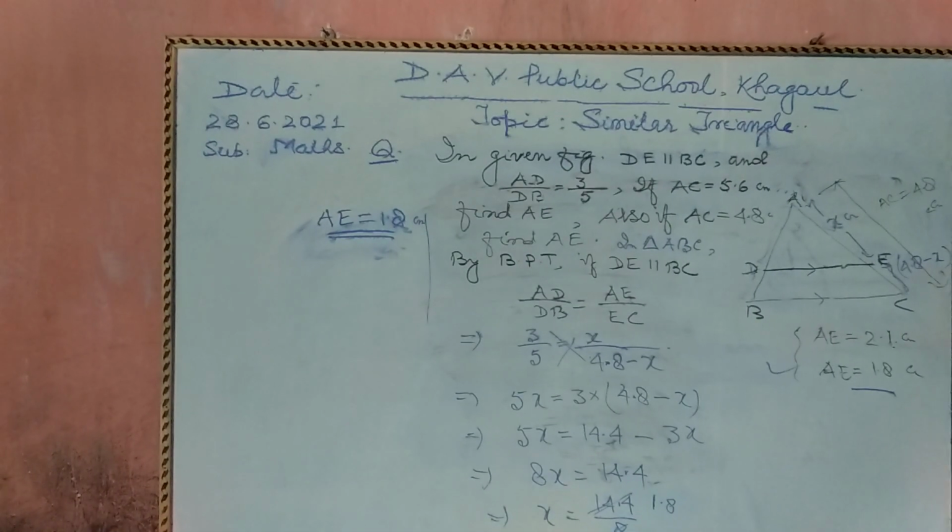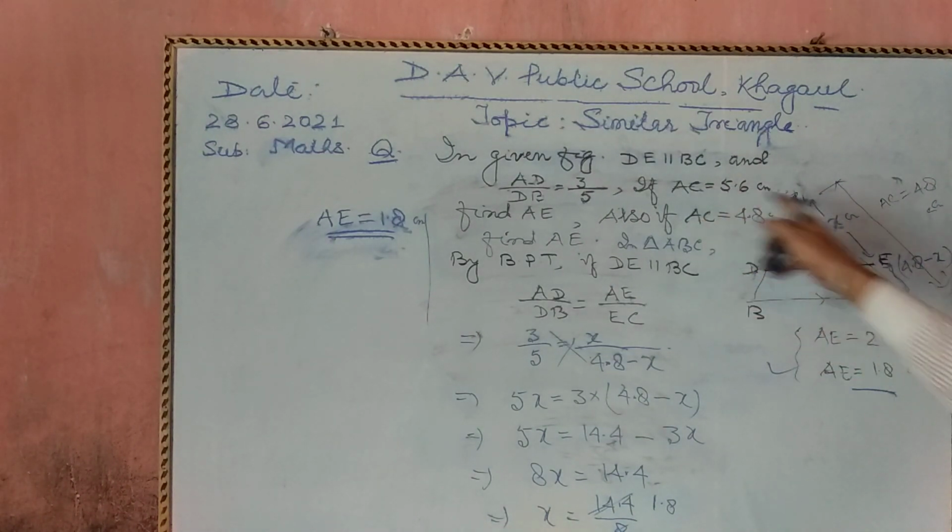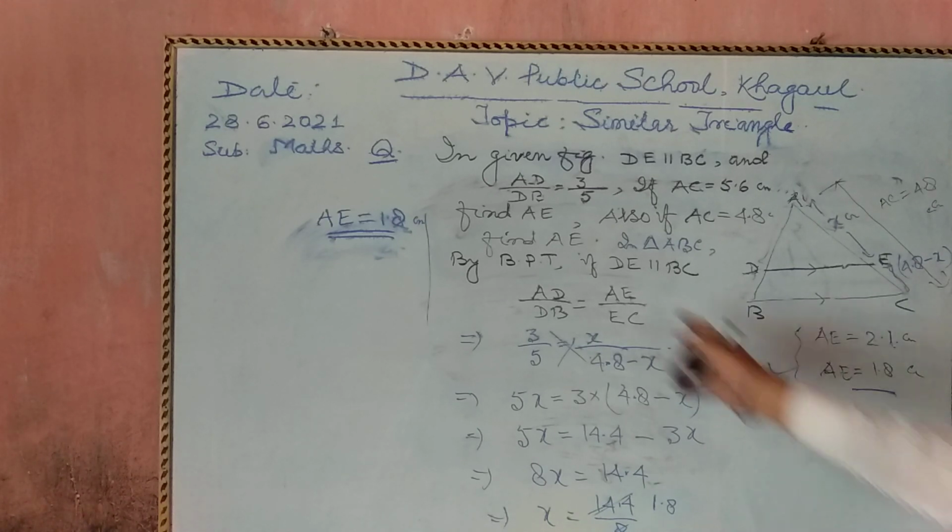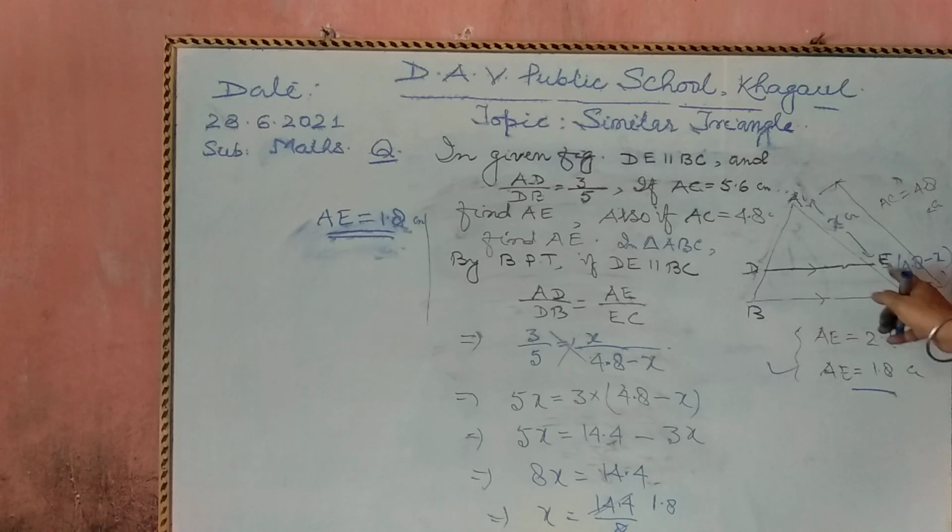Similarly, you can take AC equal to 5.6. The same relation will be there, AD by DB is equal to AE by EC. Now take AE equal to X. Therefore EC is equal to 5.6 minus X. Now put these values in the given relation and solve it.